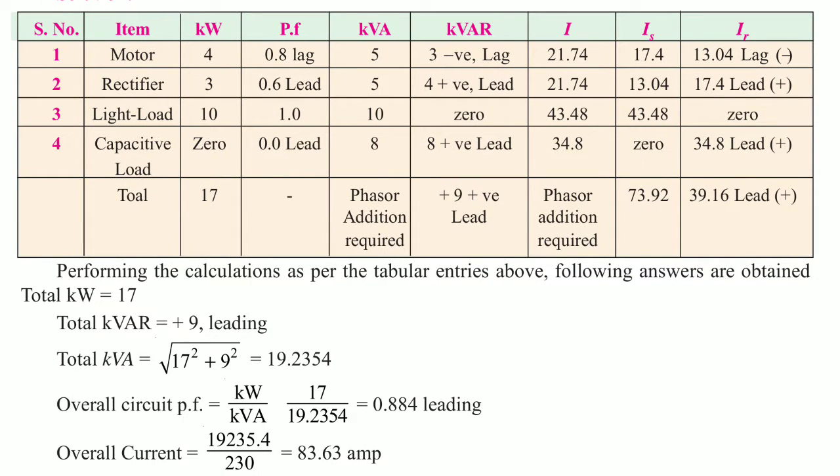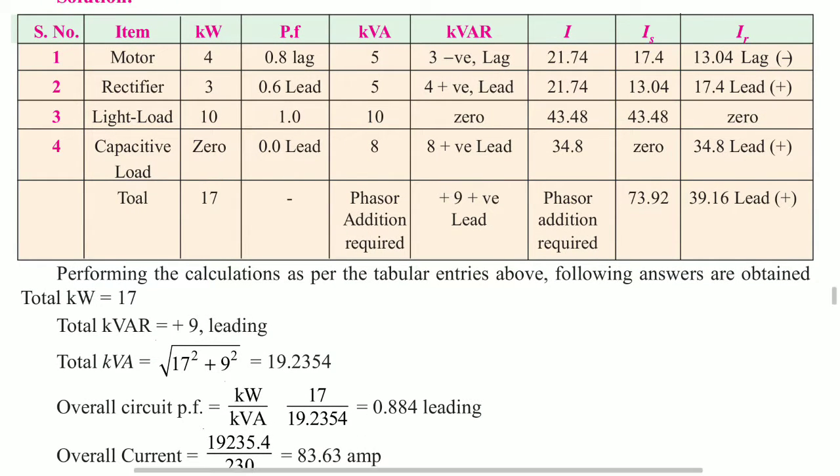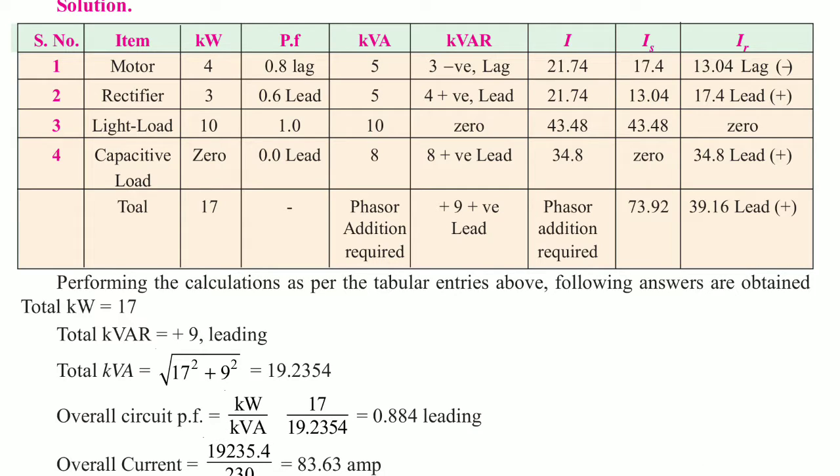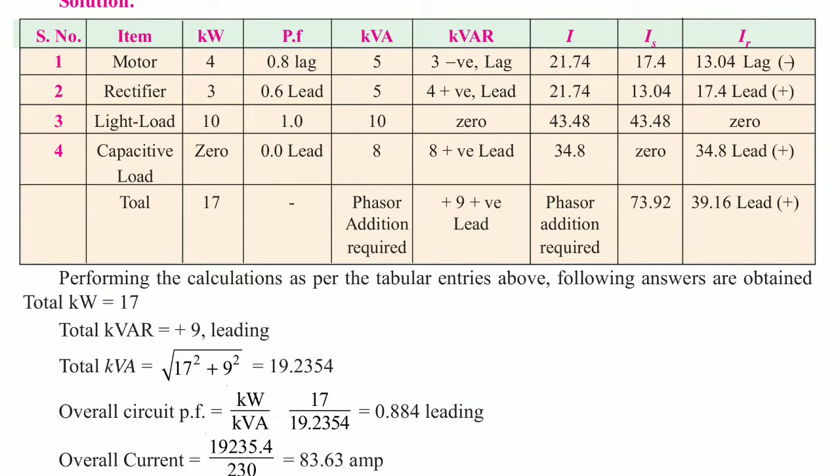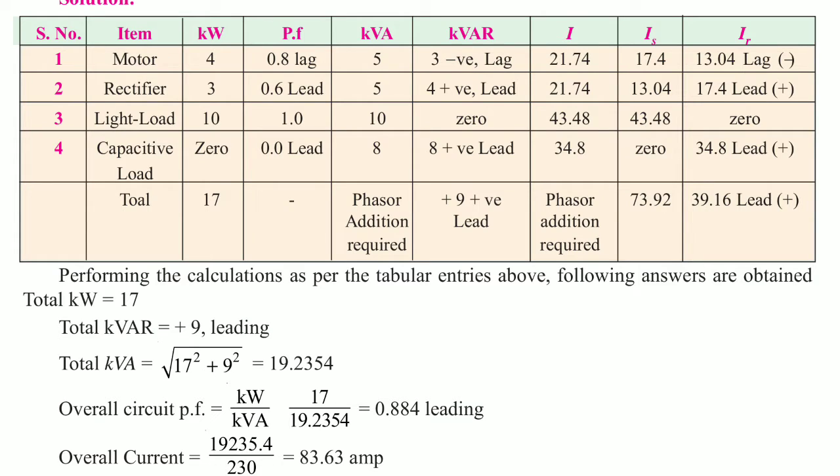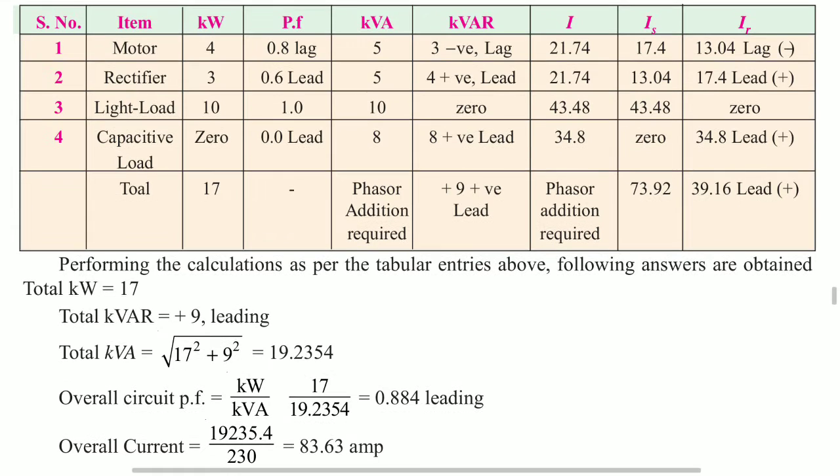Now next is the light load, which is 10 kilowatts, power factor is 1, kVA also 10 kVA, and kVAr is 0. I is 43.48, IS is 43.48 and IR is 0.